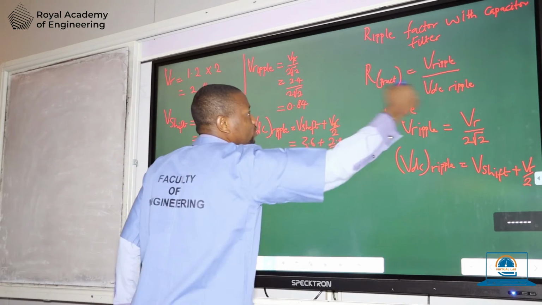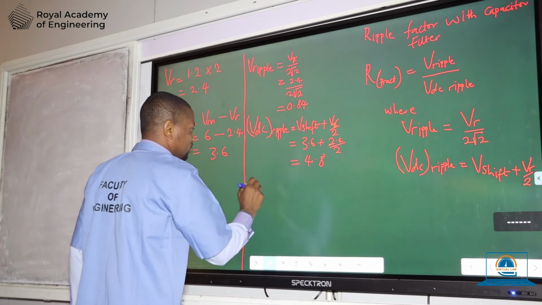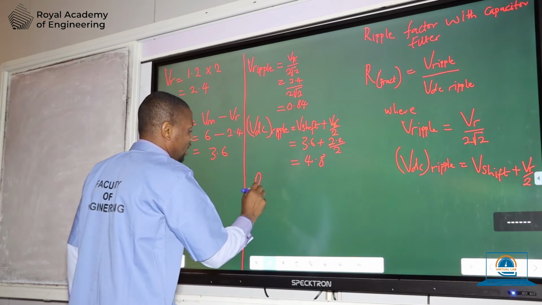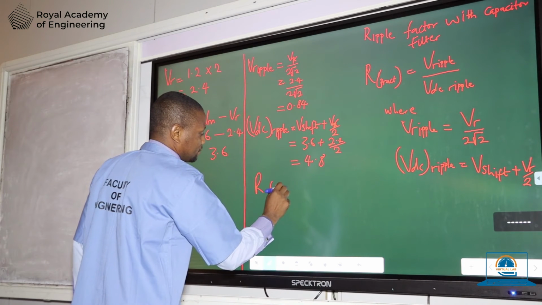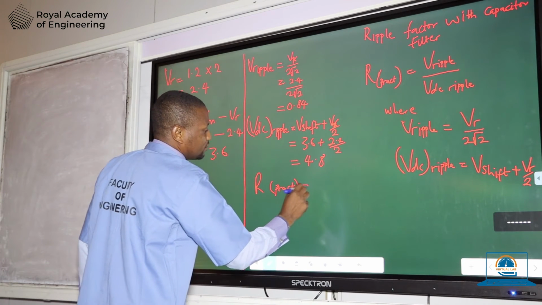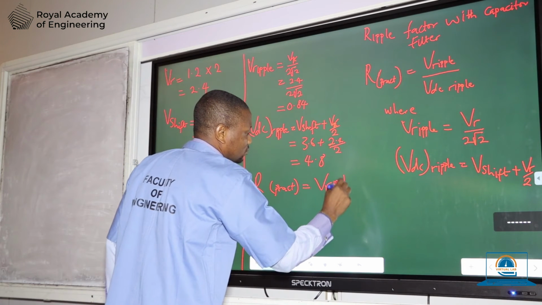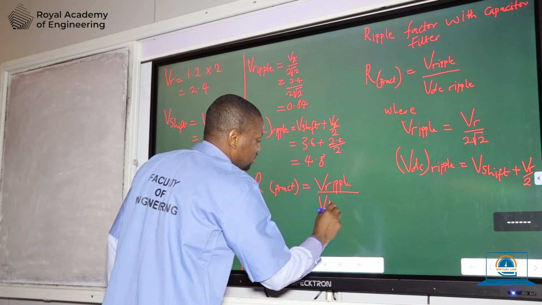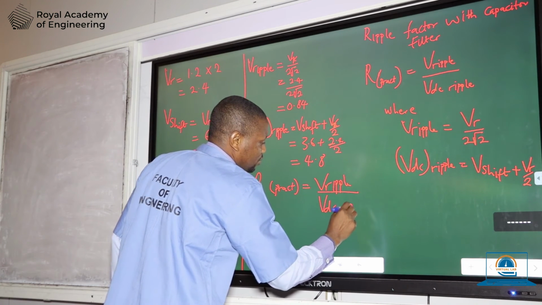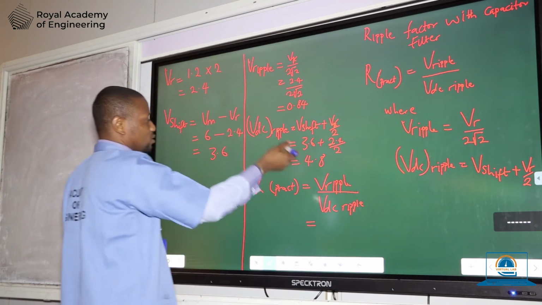The practical value in which we are most interested to calculate is R practical, V ripple all over VDC ripple. We have the values above.